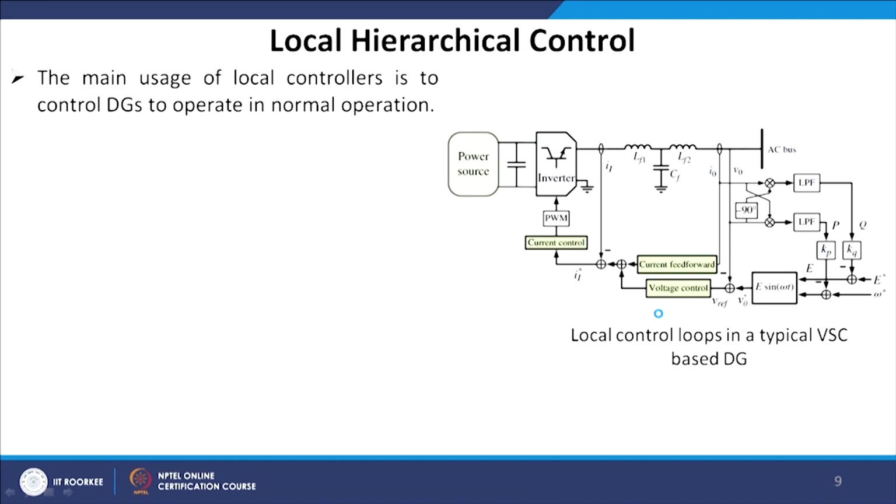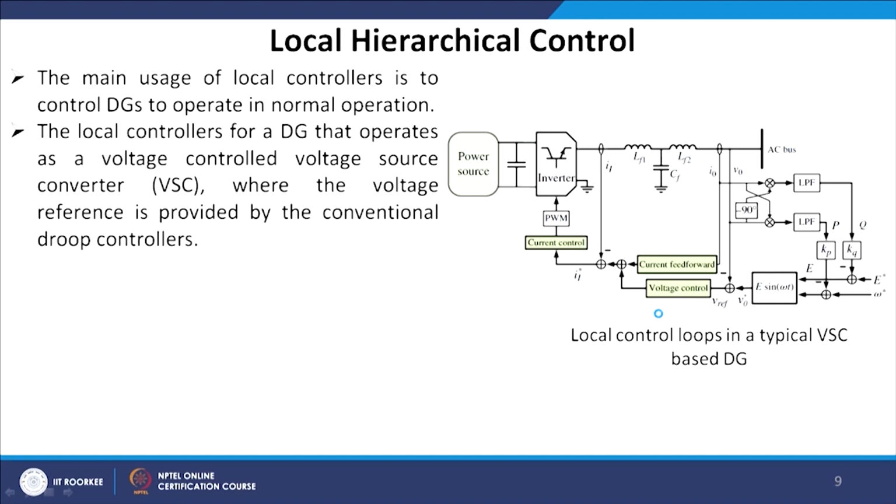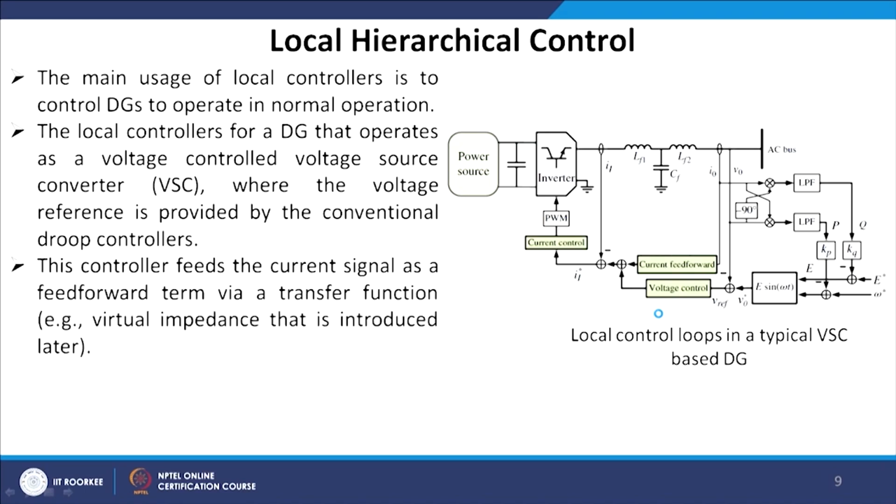Now, the main usage of local controllers is to control distributed generators to operate in normal operation. The local controllers for a distributed generator operate as a voltage source converter, that is VSC, where the voltage reference is provided by conventional droop controllers.